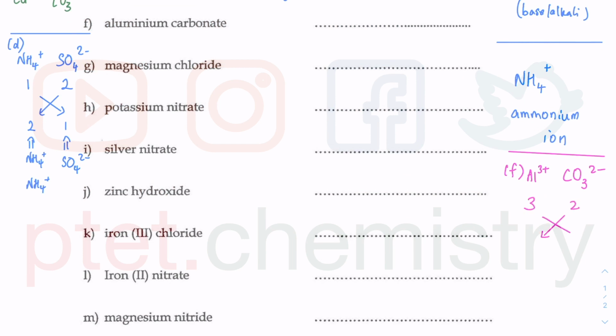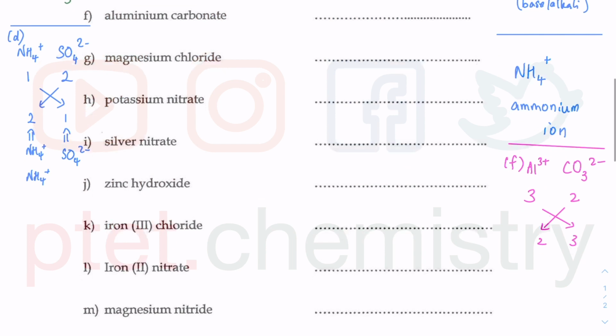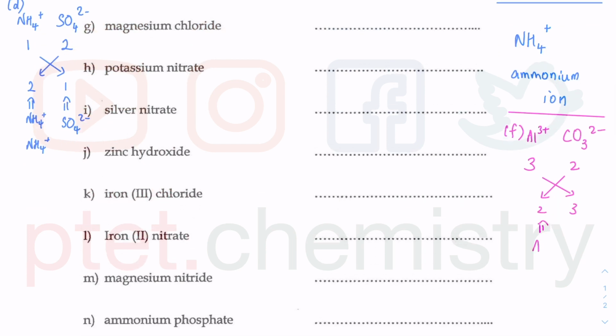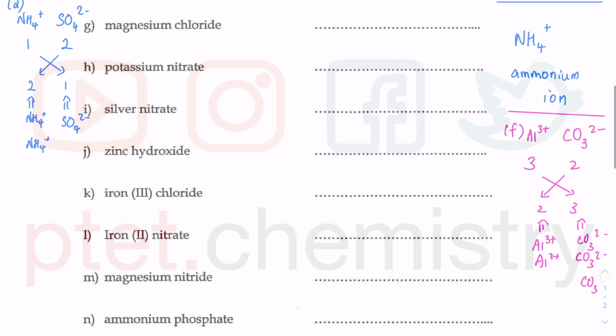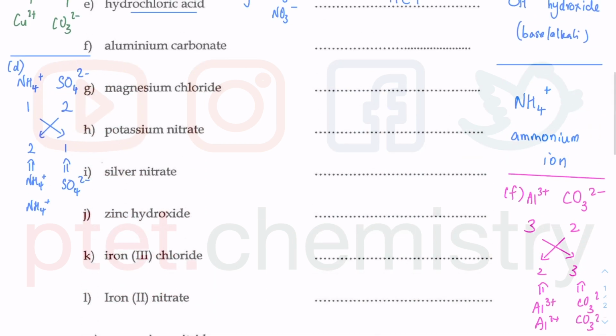So the valency follows the charges. 2 and 3 swap places. What this means is Al3 plus, Al3 plus, and CO3 2 minus, CO3 2 minus, and another CO3 2 minus. So 2 of these and 3 of that, meaning I can write down 2 of aluminum, and then I need to use a bracket to show 3 of the carbonate.